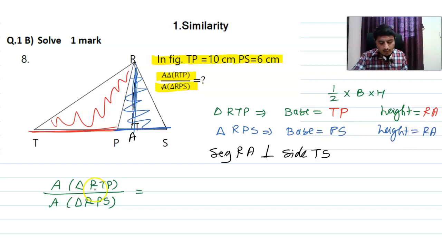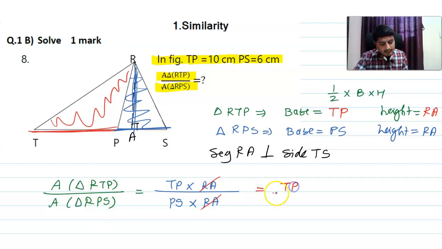Now when evaluating the ratio of the areas of the two triangles, it equals the ratio of the products of their bases and heights. For triangle RTP, TP is the base and the height is RA. For triangle RPS, the base is PS and the height is RA. Those two triangles have the same height RA, which gets cancelled.